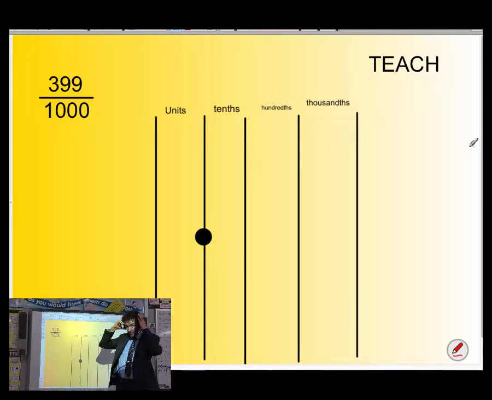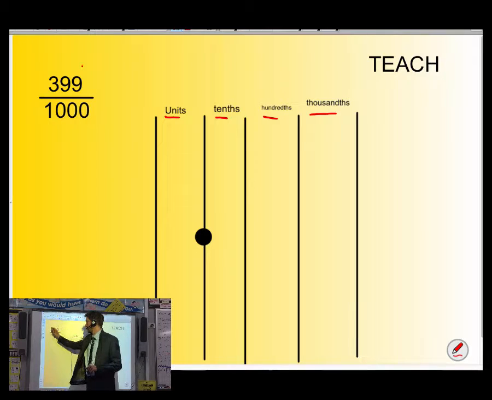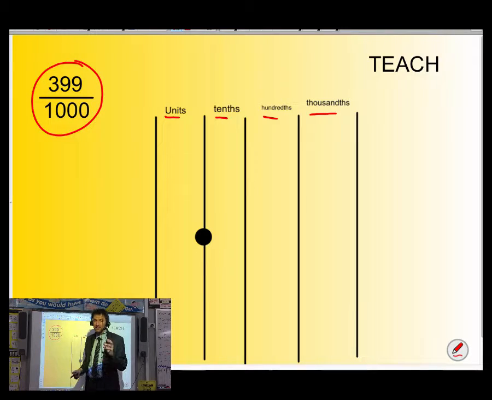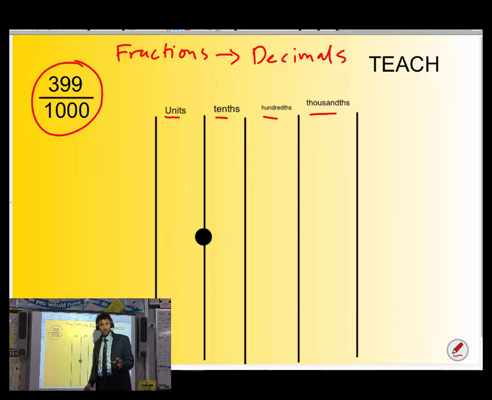We have on the board something that's really going to help you: the place value chart. We're really just looking at the units, the tenths, the hundredths, and the thousandths today. Here's a fractional value over here. Remember, we're trying to convert fractions into decimals, and I'm going to teach you that right now.